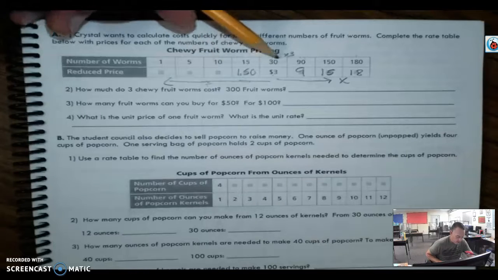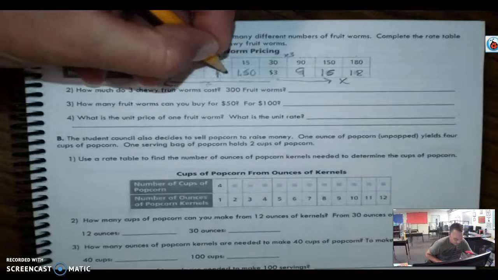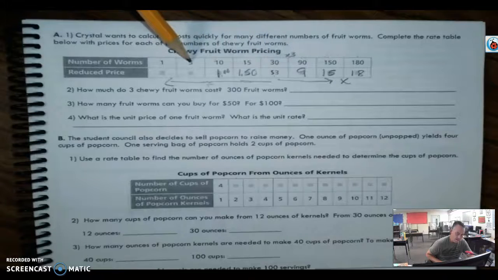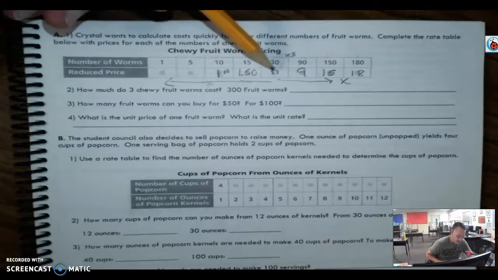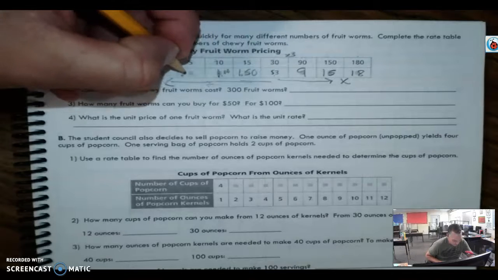Well, 30 divided by 3 is 10, and 3 divided by 3 is 1, and these are dollars, that's just why I'm writing it like that. 30 divided by what is 5? Well, 30 divided by 6, and 3 divided by 6 is going to be equal to 50 cents.